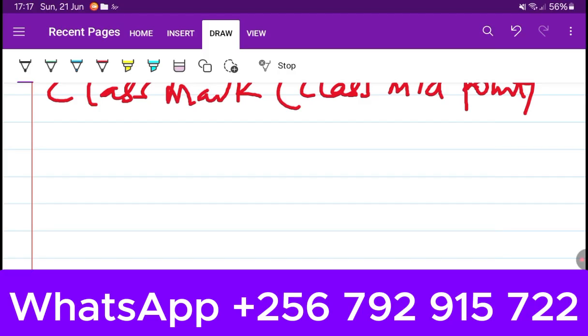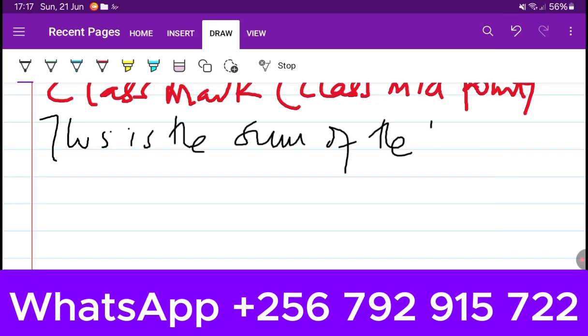This is the midpoint. So this is the sum of the lower class limit. This is not boundary but class limit.